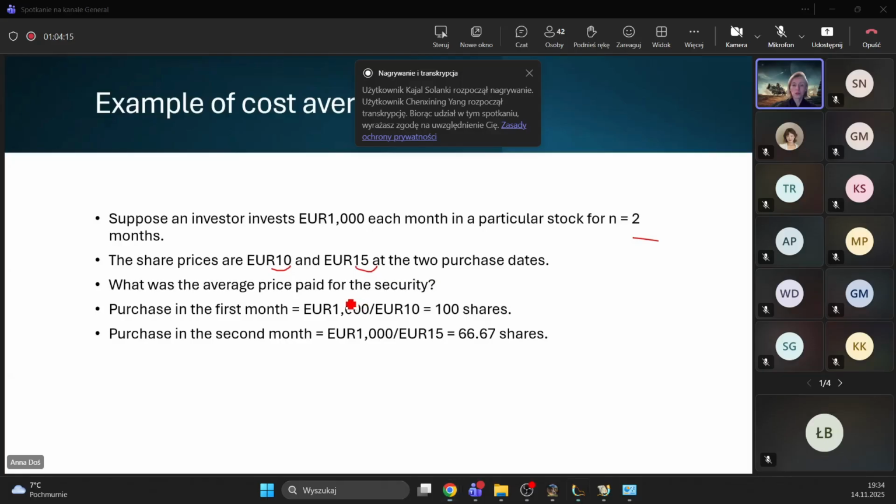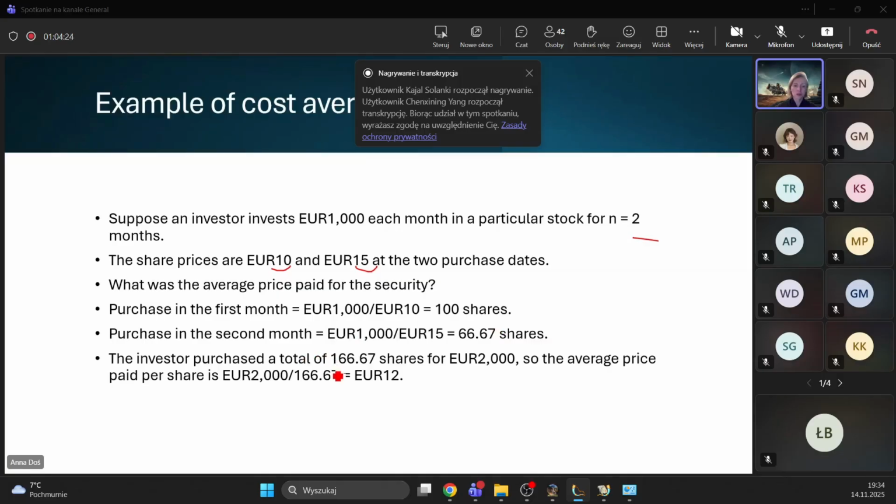So overall, the investor dedicated €2,000 to acquire 166.67 shares. So in total, 166 shares for €2,000, and the average price is 12, not 12.5, because we think that the average price is 12.5. And the harmonic mean informs us. Actually, this calculation here is the simplified version of the harmonic mean.